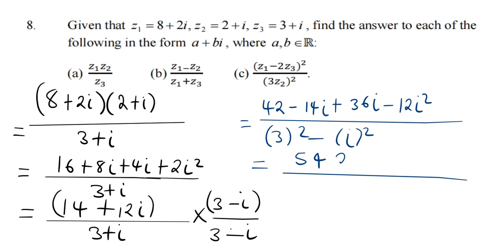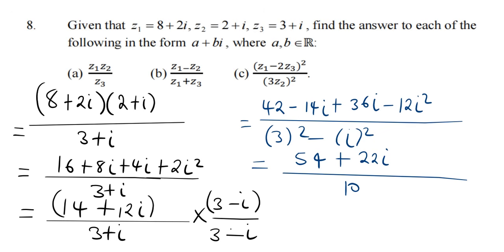So that would be positive 22i, over 3 squared, that is 9, minus i squared, which is negative 1. There are two negatives there, they'll give us a positive, so it will be 9 plus 1, which will just give us 10 there. So basically this is what we have as for now.